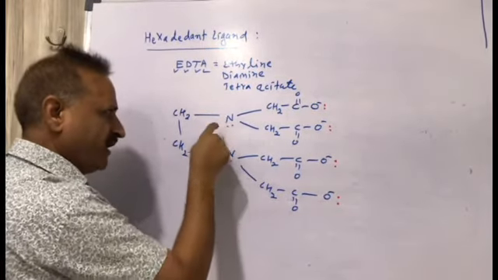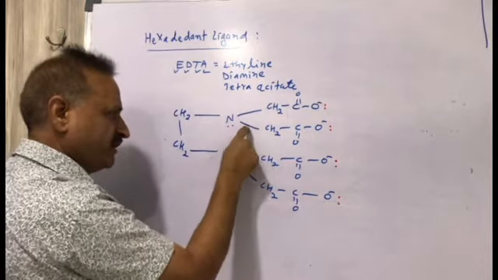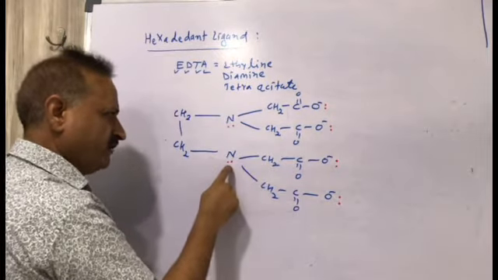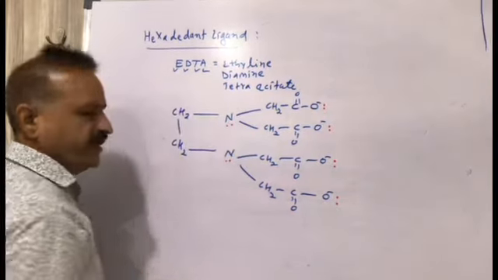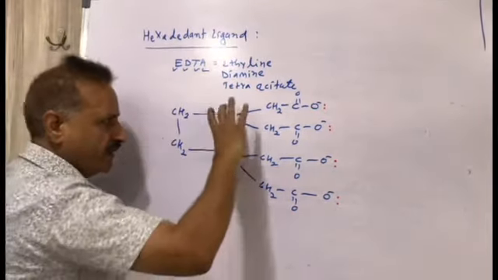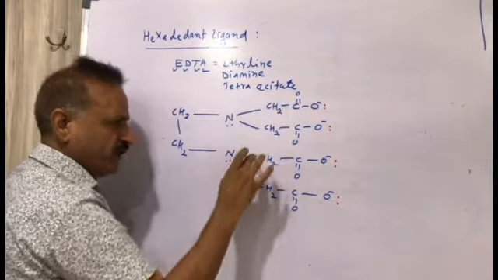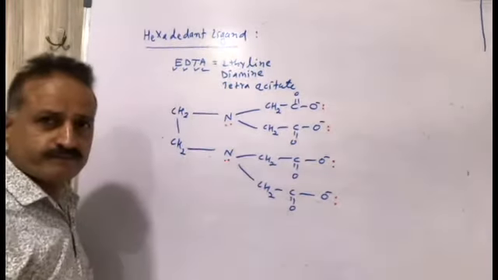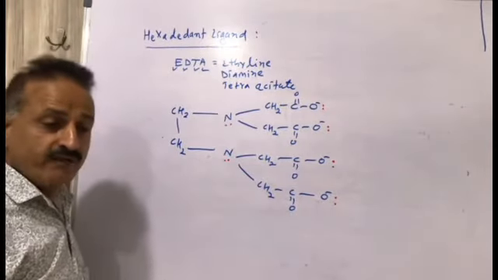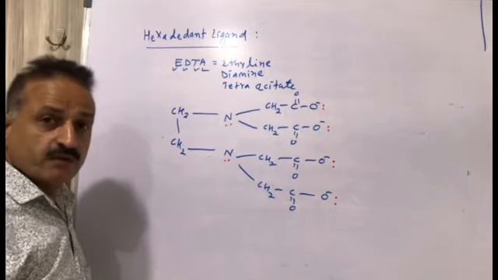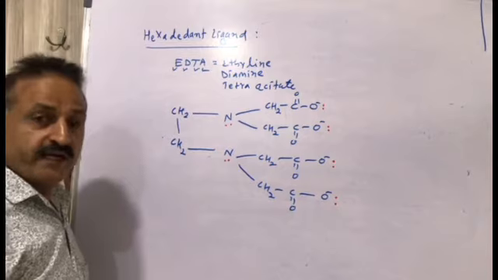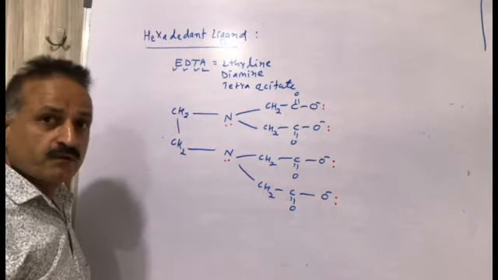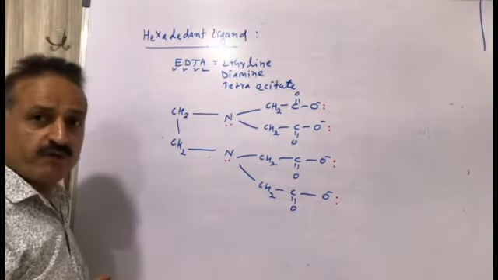Nitrogen has 3 valency, 1, 2, 3, and this is ethylene. Now we have the structure of the coordinate compound that can form 6 bonds with the metal ion.